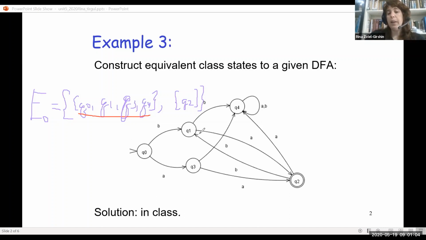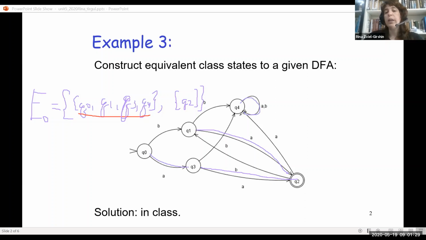So for example, if I'm looking at this automaton, I will tell you that A will be a good word. Why? Because Q1, Q3 with A, I move to Q2, to the accepting state, and Q0 and Q4 with A, I actually stay in the same class.